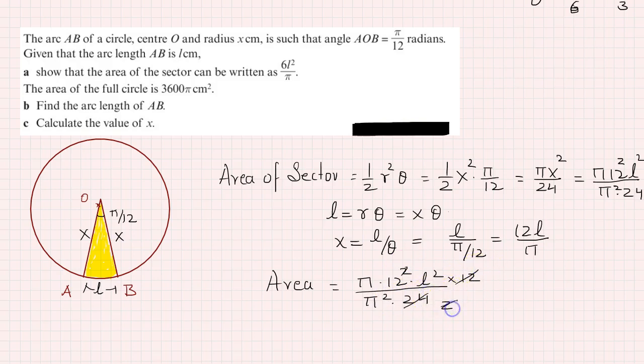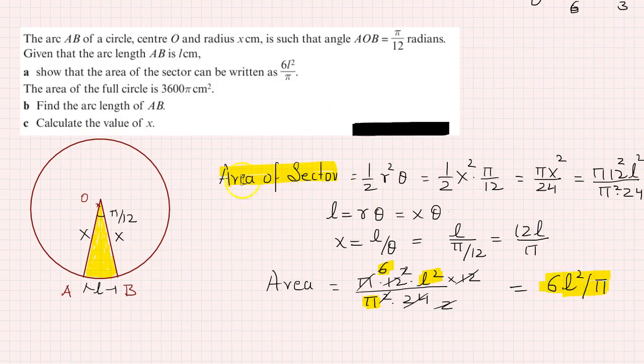So 12 times 2 is 24, 2 times 6 is 12. Pi and pi squared cancel. So what remains is 6L squared over pi. So the area of the sector is 6L squared over pi.